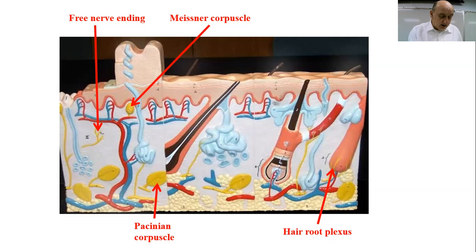So let's take a look at the second column. This is the location. And here you see the Meissner corpuscle tucked into the dermal papilla. You see the Pacini corpuscle under more subcutaneous tissue. And you see the hair root plexus right around the hair follicles.